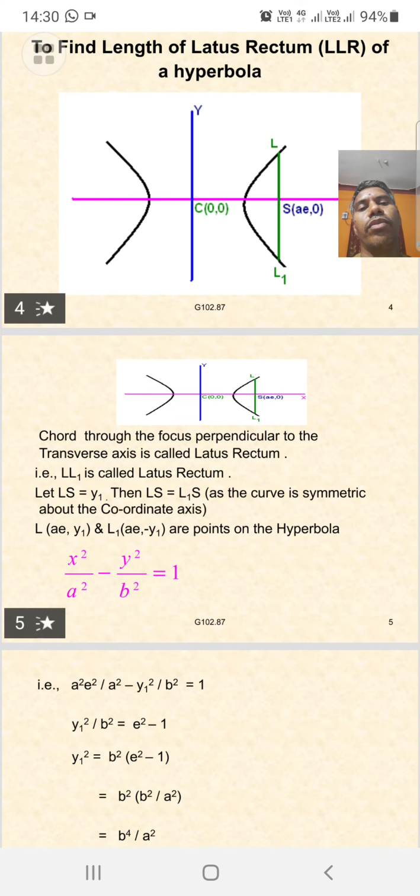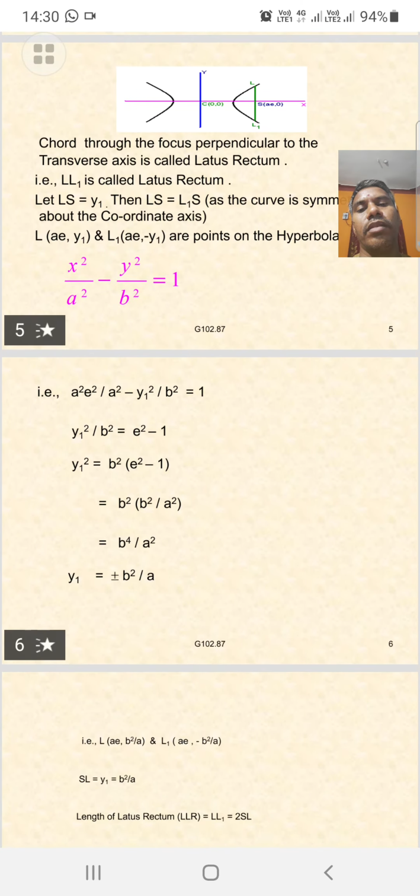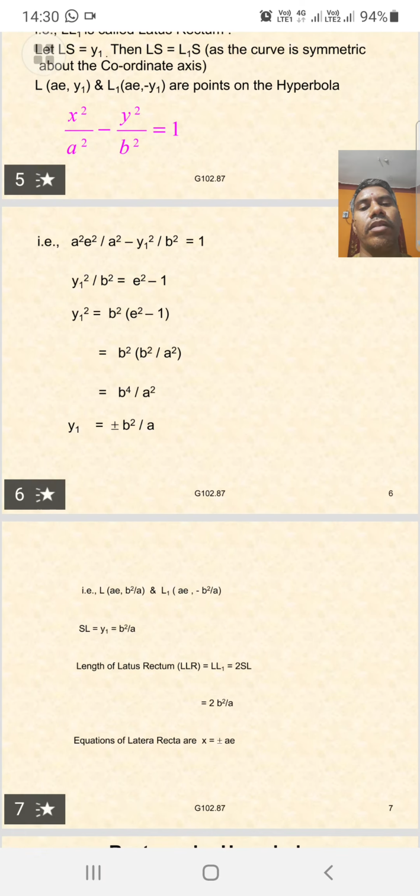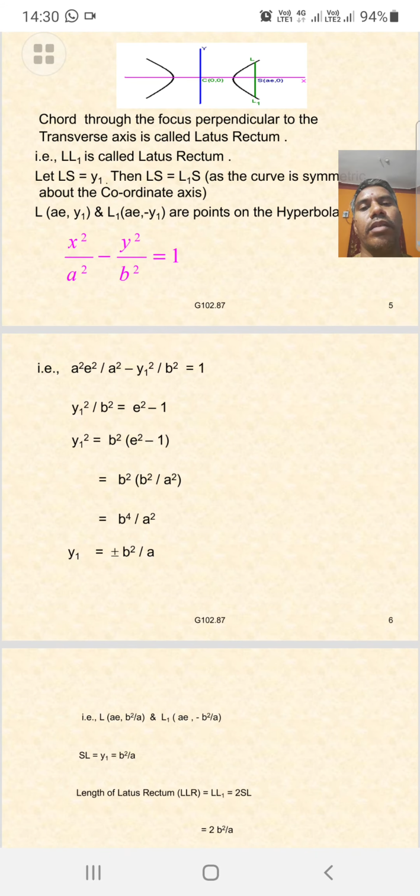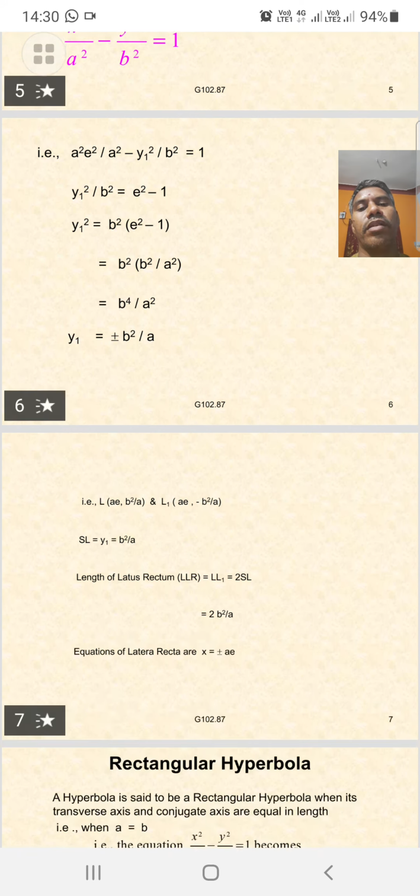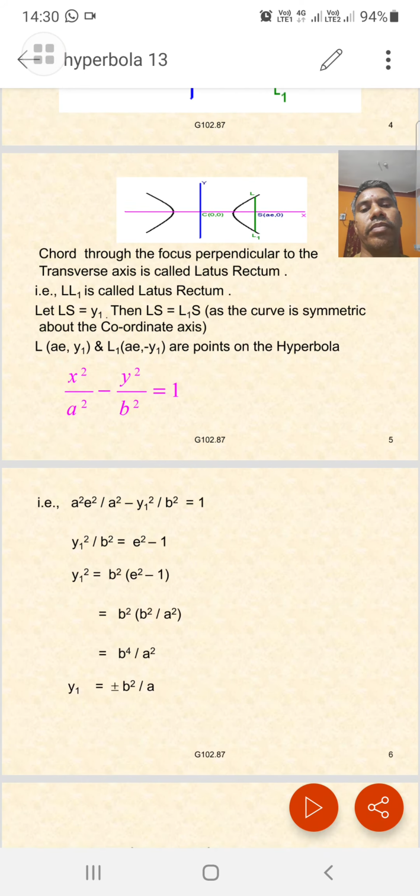So the third and fourth forms are the same, but the difference is x, y are interchanged, and the diagram also changes from horizontal to vertical.